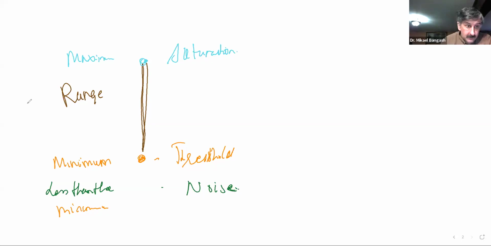Now, in all this context, let's say range, because that's what we have between the maximum and minimum. For instance, we can say that we have a greater range. Now, greater range, what would that mean?